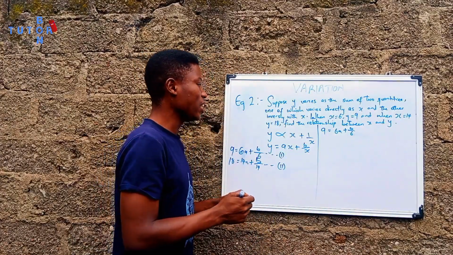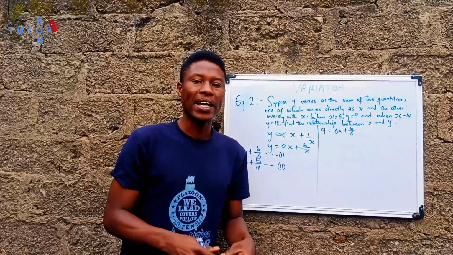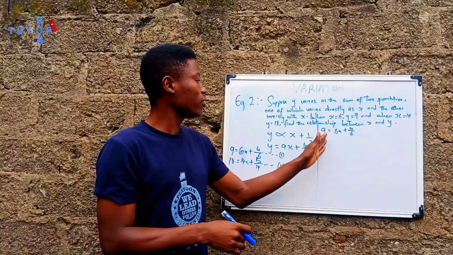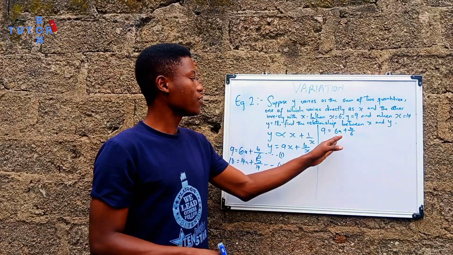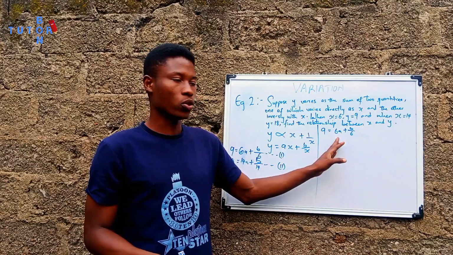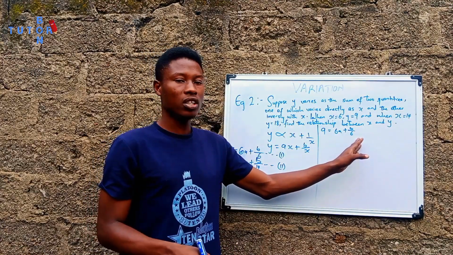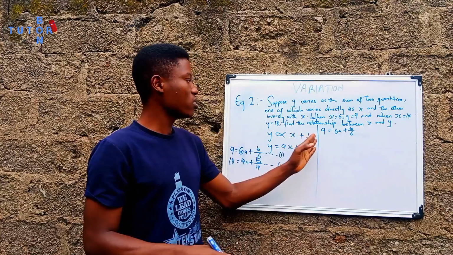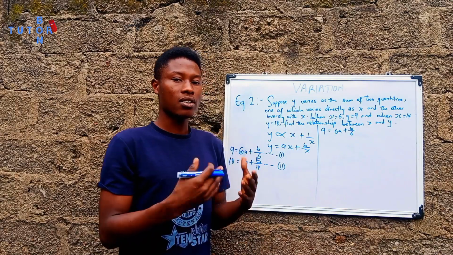I'll multiply each term I have there by the LCM of their denominators. The denominator of 9 here is 1, the denominator of 6a here is 1 also, and the denominator of b over 6 here is 6, which means the LCM of all the denominators is 6.